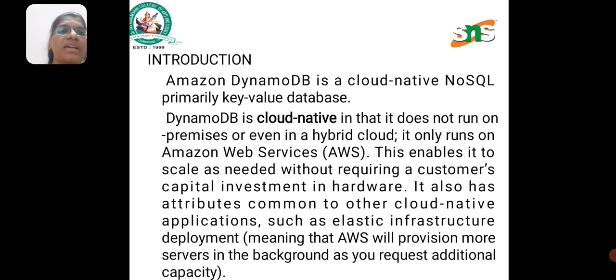It also has attributes common to other cloud native applications such as elastic infrastructure deployment, meaning that AWS will provision more servers in the background as you request additional capacity.